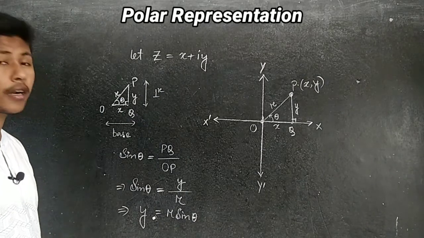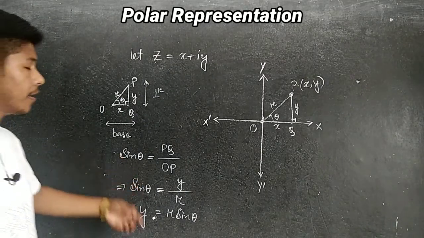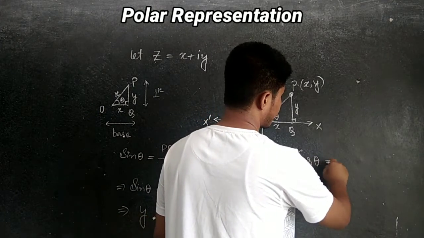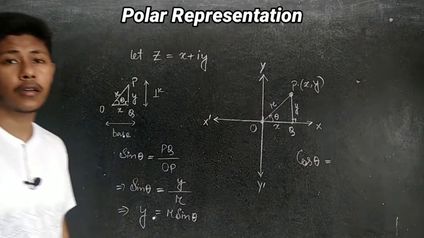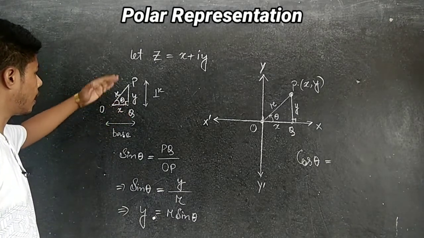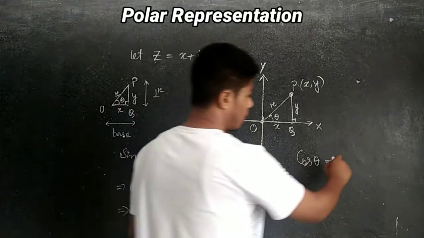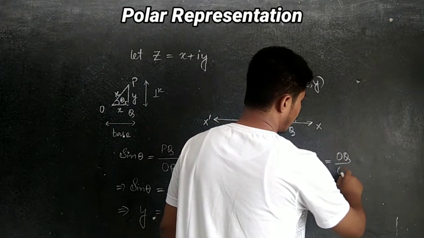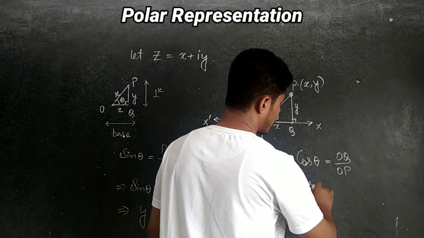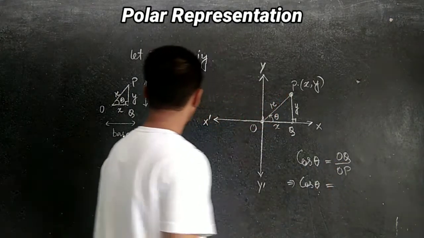Similarly, another one we can write. If we write cos theta, cos theta equals what? Base by hypotenuse. Base is OQ, hypotenuse is OP. So OQ by OP, isn't it? So cos theta equals OQ by OP.